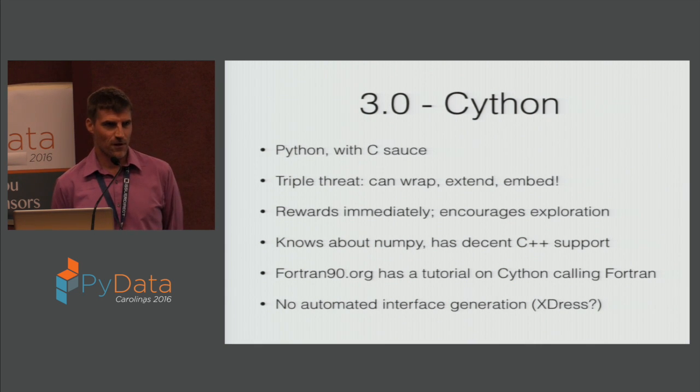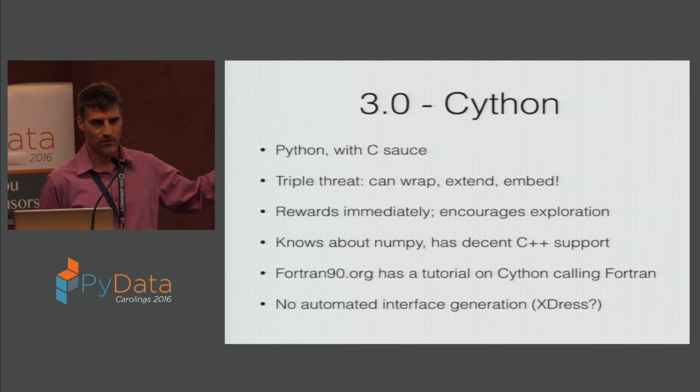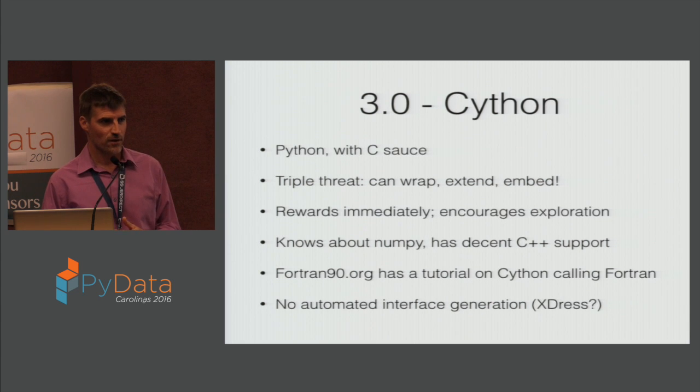So the last thing I want to talk about is Cython, and maybe some of you who know this space a little bit have been wondering when I would get to this. The reason that I saved it until last is because talking about everything else before this makes it easier to explain Cython and describe what it does. So Cython is both a project and a language. I think the project preceded the language.